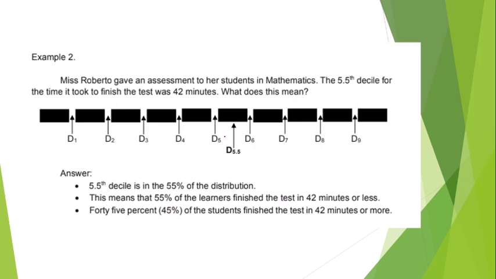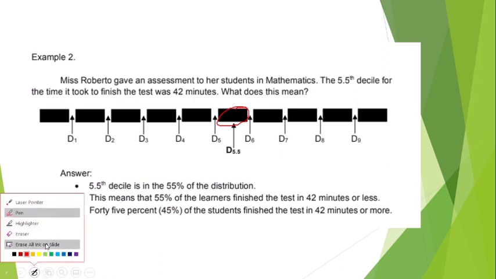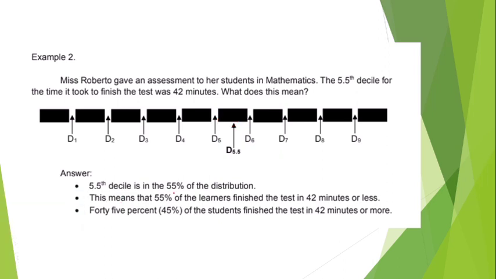The 5.5 is between decile 5 and decile 6, because 10, 20, 30, 40, 50, so between is 55%. This means that 55% of the learners finished the test in 42 minutes or less.